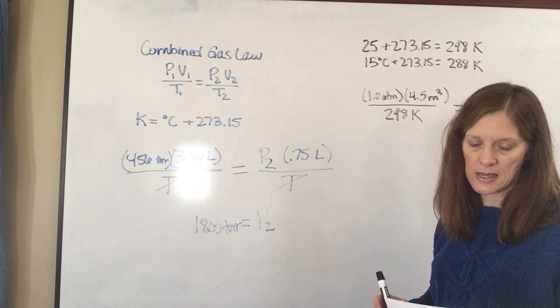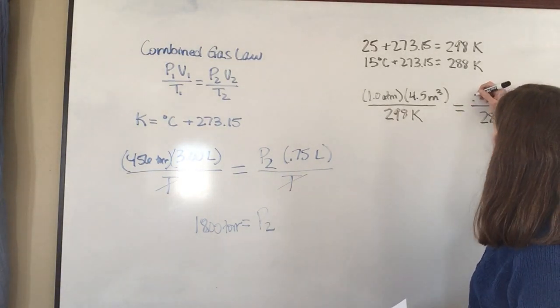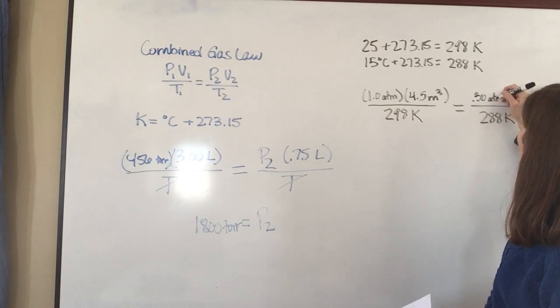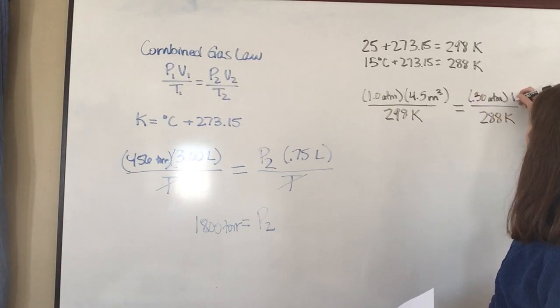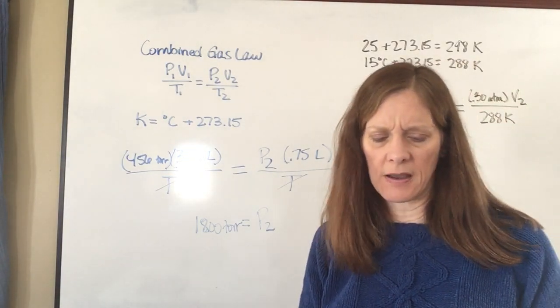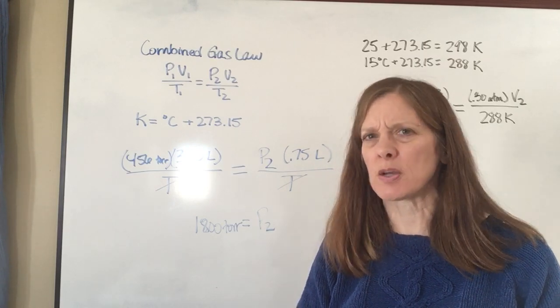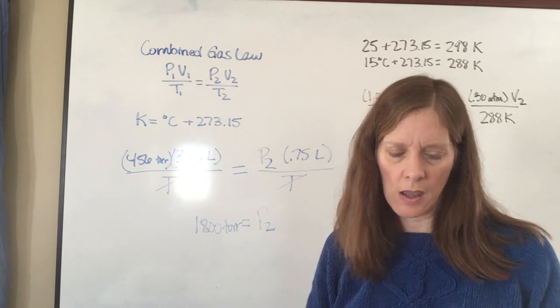And then it says my new pressure is 0.3 atmospheres, and so I want to find out what the volume's going to do. Now, again, this one's a little bit harder to think through, but let's give it a try and see if we can predict what's going to happen here.